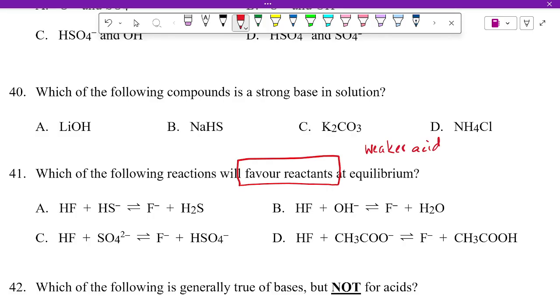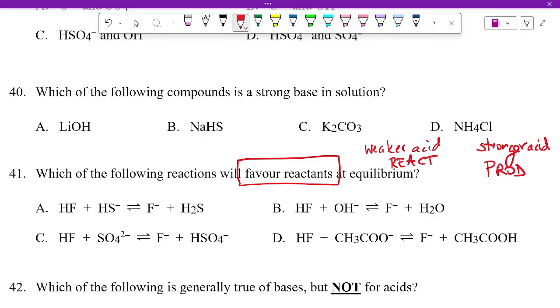The stronger acid should be in the products because it's going to push towards the reactants, and the weaker acid is going to be in the reactants.